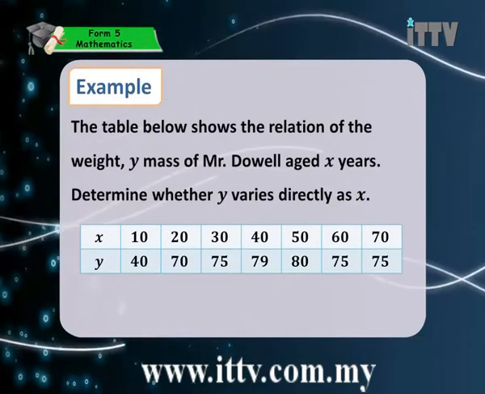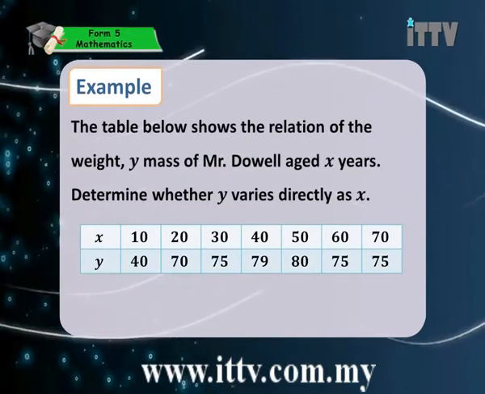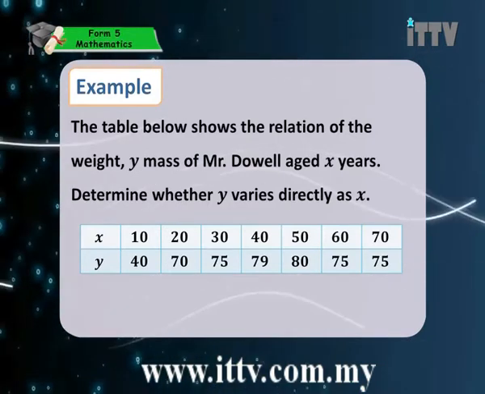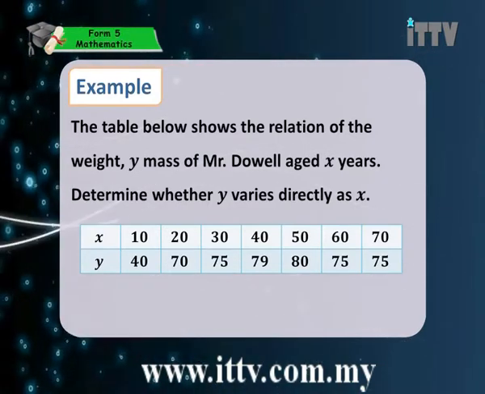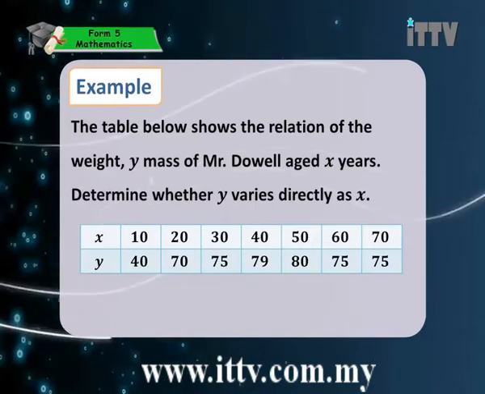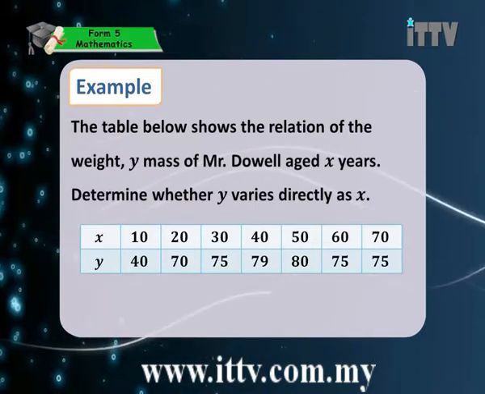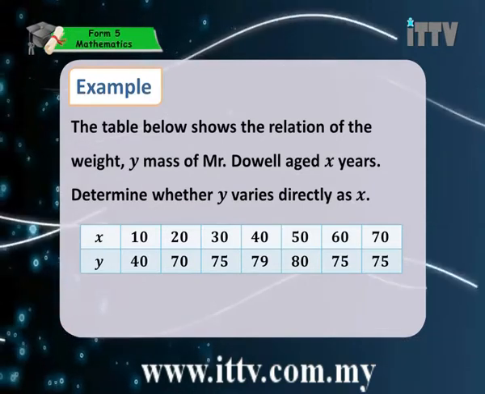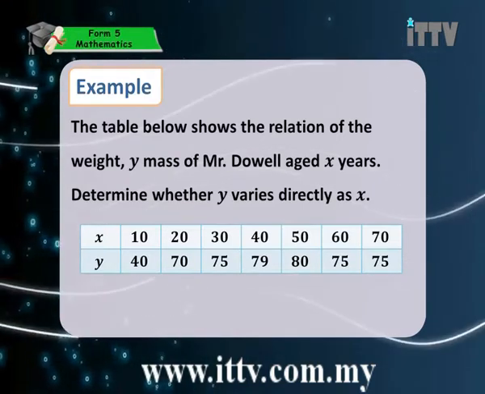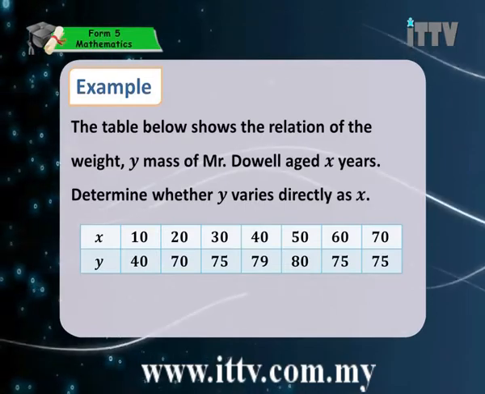You can take a look at their respective pairs. When x is 10, y is 40; x is 20, 70. As the age increases to 30, the weight becomes 75; 40, 79; 50, 80; 60, 75; 70, 75 also.